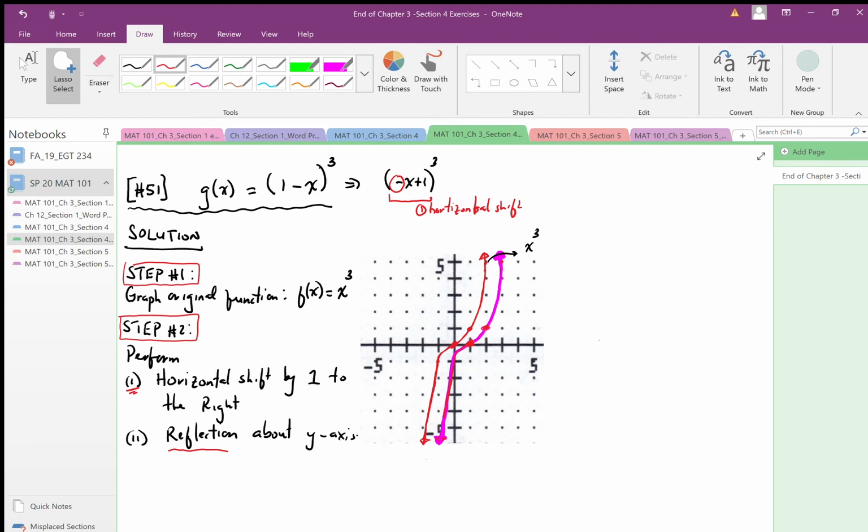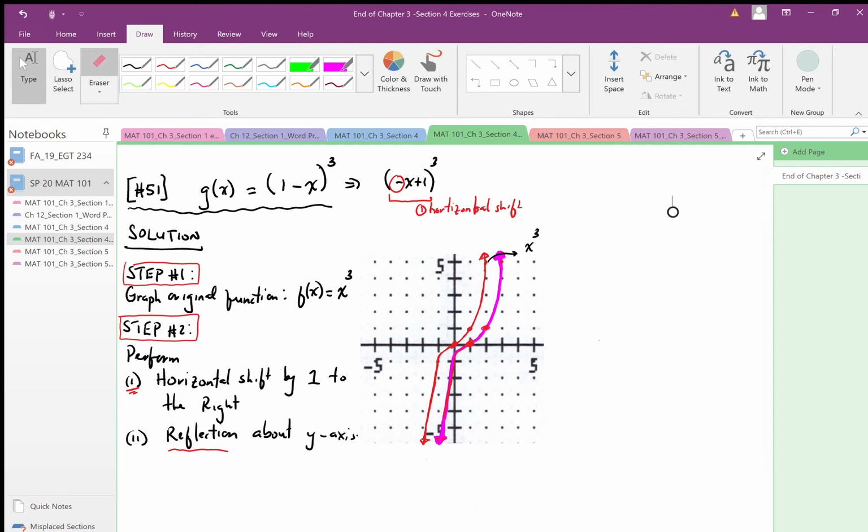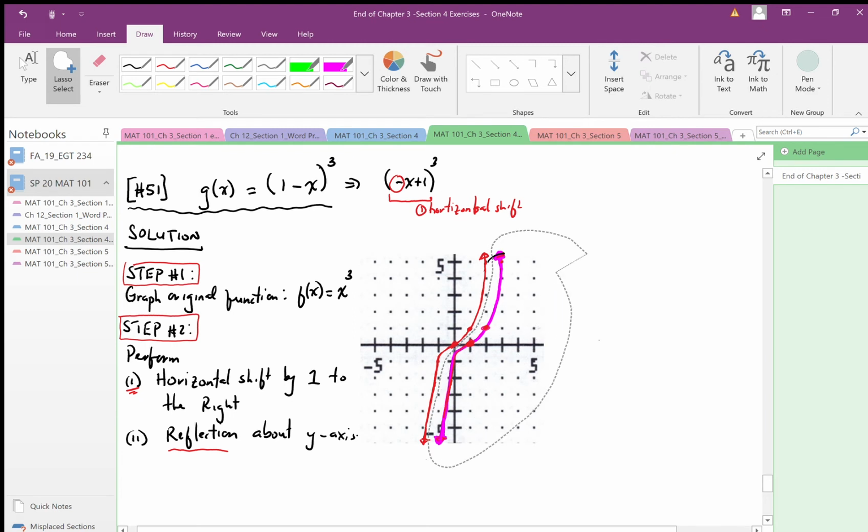So when I do that, I'm just concerned about when I moved over to my right by 1. I'm actually going to rotate this about the vertical, so it looks like that.